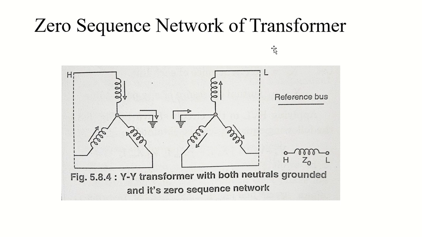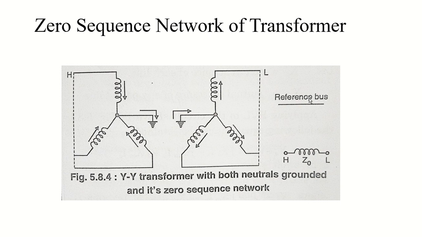Because of that, the zero sequence network H and L will be connected with each other, as you can see here, and the zero sequence impedance will be present here. Still H and L will not be connected with the reference bus whatsoever.